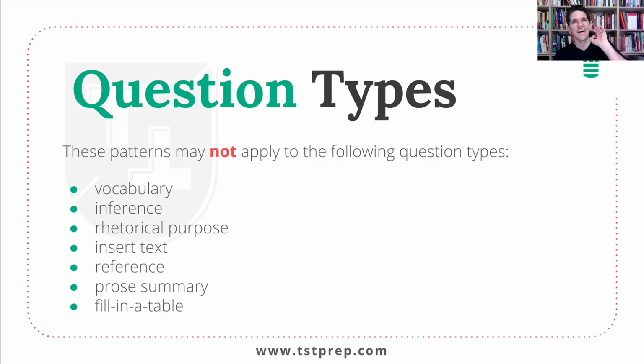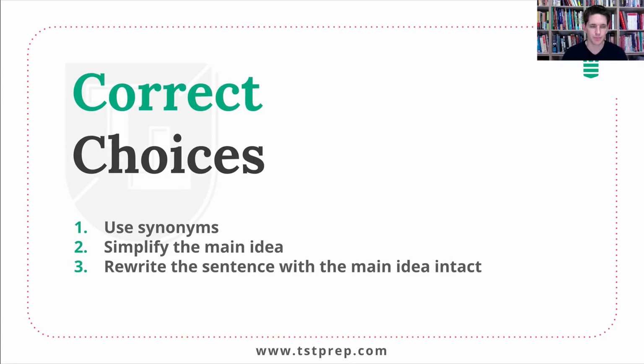I'm sorry, I should say the ETS terms: factual information, negative factual information, and sentence simplification. They're more popular. You'll have at least one sentence simplification and at least one negative factual information per passage, and at least two factual information, but probably three per passage. So about 40-50% are these question types.